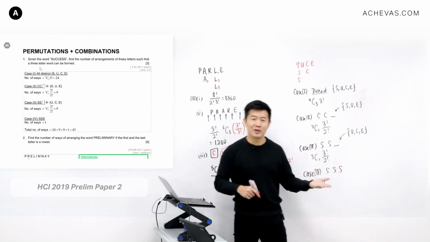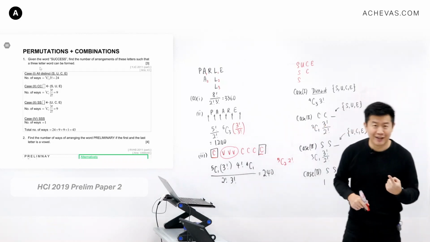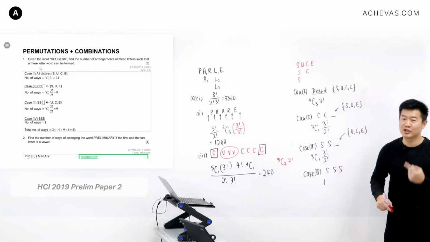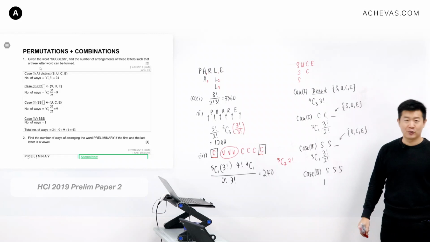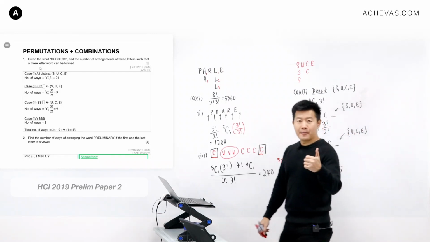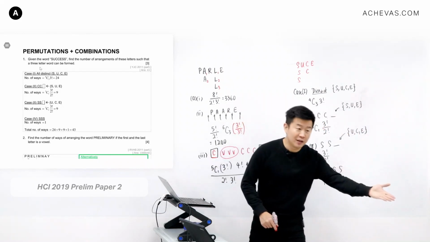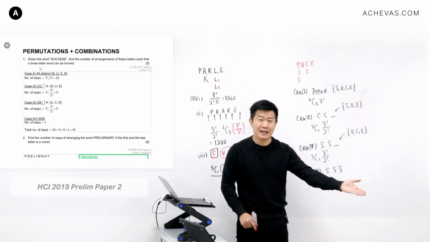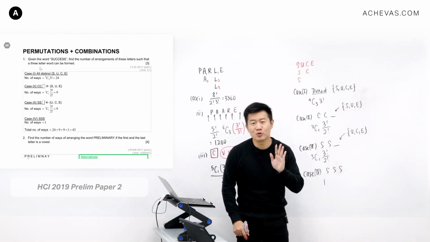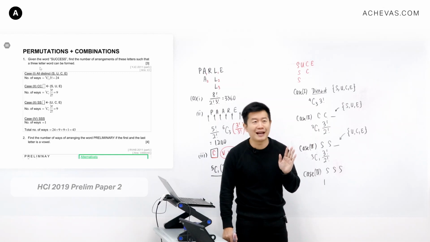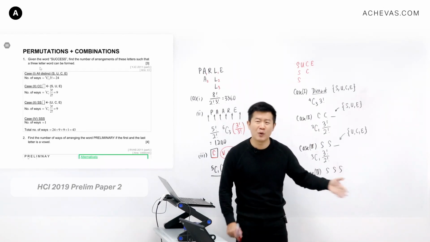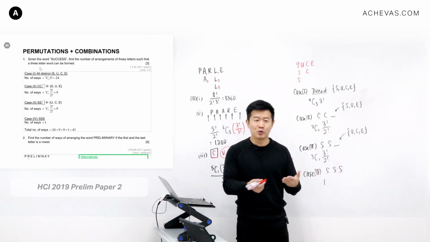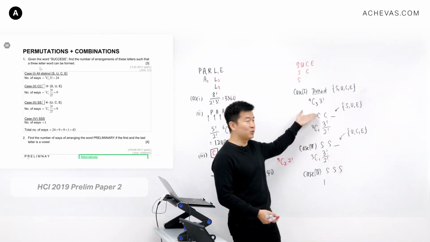I mean, how many ways can I arrange an SS as just 1 way? 1 is faster than all the calculation. Just stick to 1. Just list it down. So if you realize that it's very clear it's 1 way, it's very clear it's 2 ways, please don't go and think of calculation. Please don't go and ask other people how you should calculate this. Why do you even want to know how to do it worse off? Spend your time to do something better.